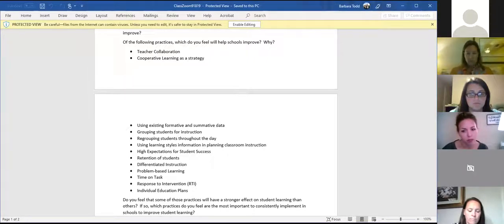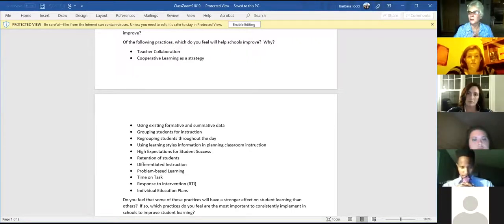Now, after reading your papers, I know that many of you are working in schools that are very high functioning. So when you're working in a high functioning school, the issue becomes how do you keep them there? Because it's really hard to do that. But some of you are in schools that need improvement. So which ones of these do you think your schools are doing the best job of and will help your schools improve the most?